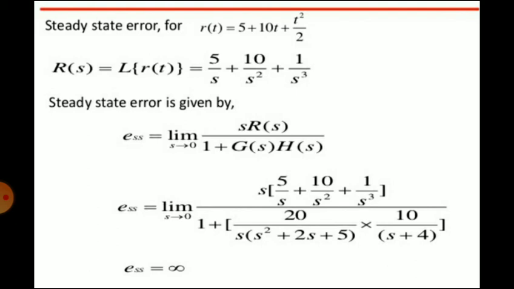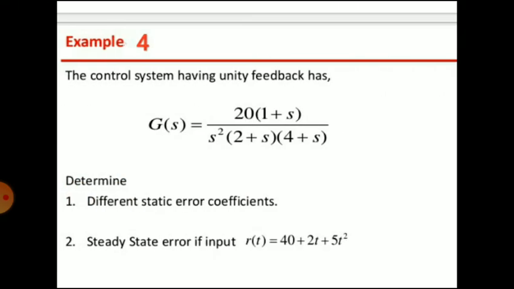That is the formula for finding the steady state error. So put the value of G(s)H(s) and R(s) in the expression. After simplification and taking the limit, the value of ess equal to infinity.